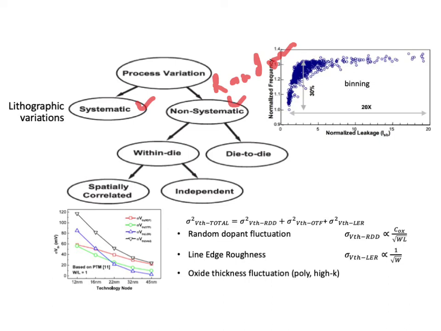The random, non-systematic variations tend to be more discrete fluctuations, maybe atomic differences, and they could be changes from die to die or changes within the die. So for die to die, as you are aware, ICs are fabricated on a large wafer.